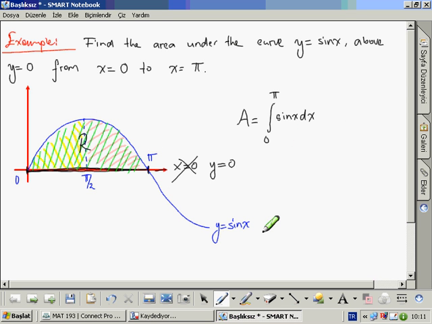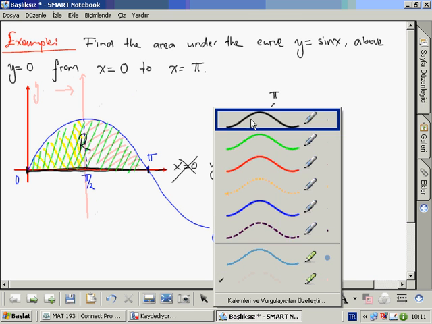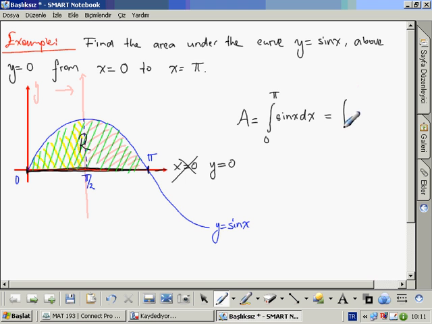If you shift the y-axis to the x equals pi over 2 line, then you can say our sine function is an even function, so maybe you can calculate this integration as integral from pi over 2 to pi of sin x dx, or you can say 2 times integral from 0 to pi over 2 of sin x dx. All of them are the same, right?